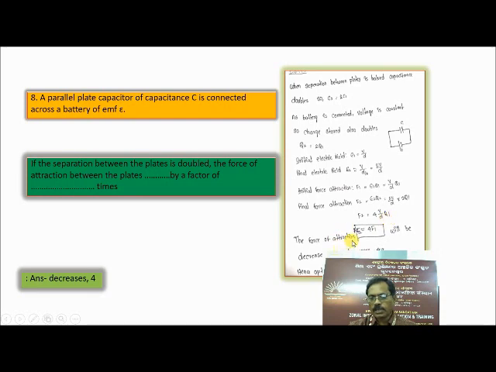The force of attraction F2 is equal to 4 into F1, hence it increases 4 times. I hope that you are understanding this from this explanation. This is the diagrammatic representation of charging the capacitor, and this is the distance between the two plates.